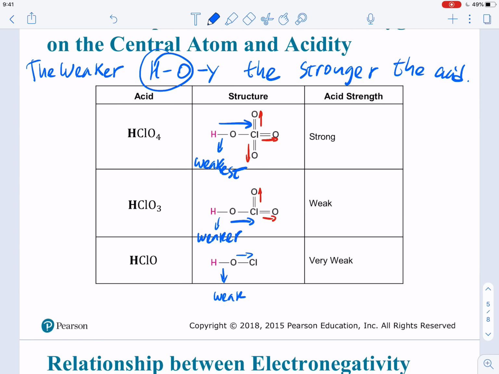Whatever affects that hydrogen non-metal, and in this case hydrogen-oxygen bond, will make the acid stronger. In this case, increasing the number of oxygens will help that central atom, that chlorine, to drain that oxygen of electrons, and therefore weakening the hydrogen-oxygen bond.